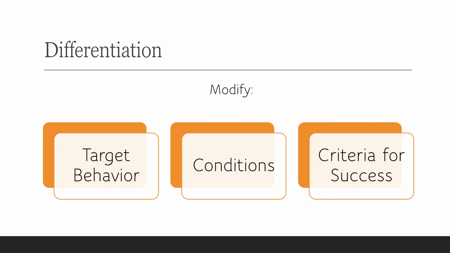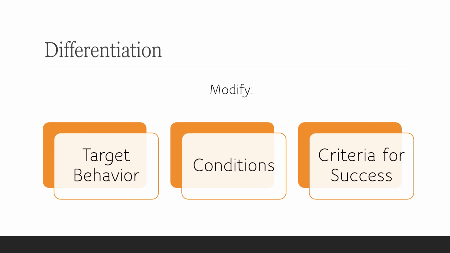So you're actually going to use a different standard, a different indicator. You might have to go back a grade level. Maybe you're in 3rd grade, but you're using the kindergarten standard. Or you can modify the conditions so that the student gets more support. They get prompting or peer support, or they get a graphic organizer to use, or they get a word bank, or they get some of the questions partially filled in. Those are all ways to modify the conditions.